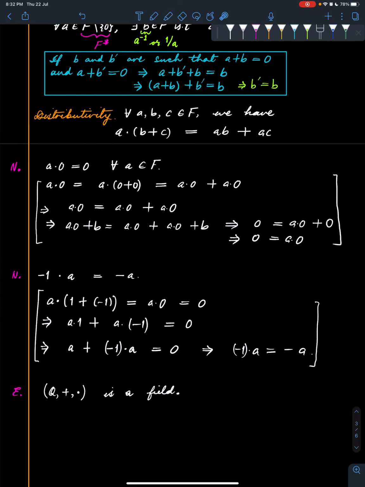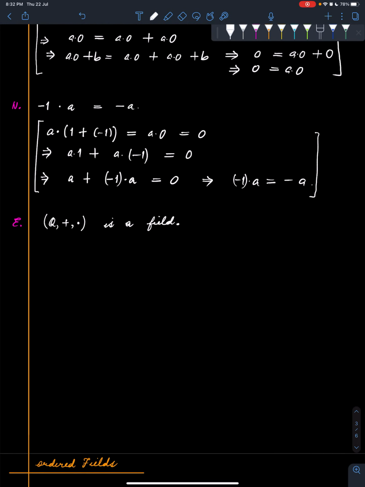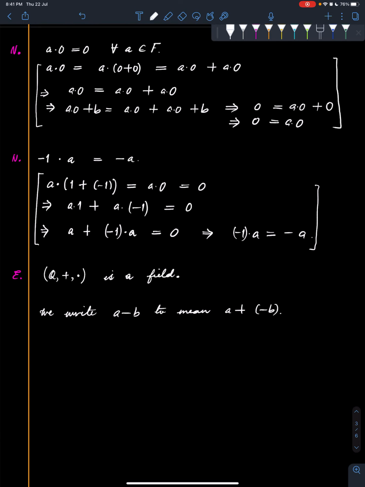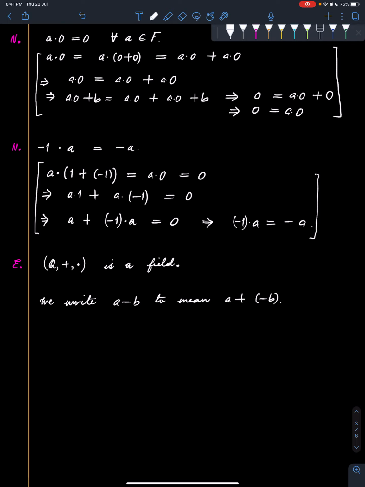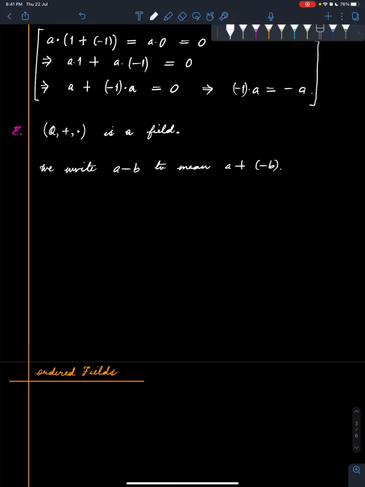Okay, and lastly, let me just make that notation precise. So we write A minus B to mean A plus minus B. Okay, so that's about fields, and now we want to discuss the notion of an ordered field.